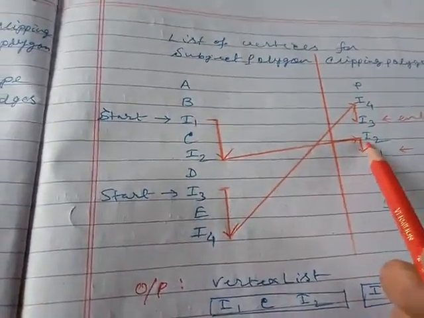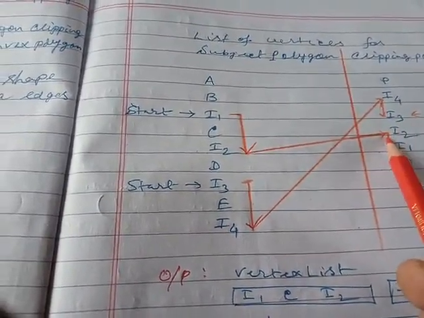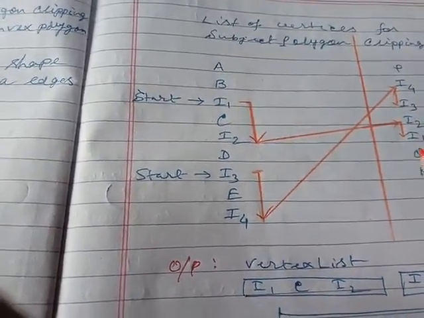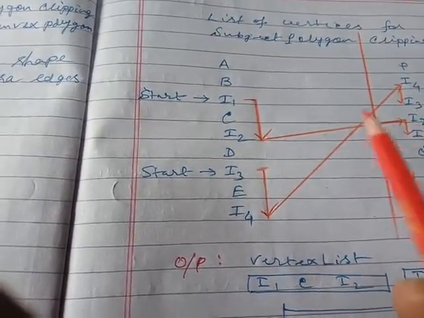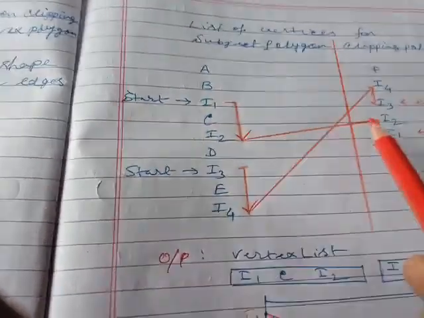I2 is located here in this point, and from that point we will start scanning it in the forward way, that means in the clockwise manner, until the previous intersecting point I1 is reached.